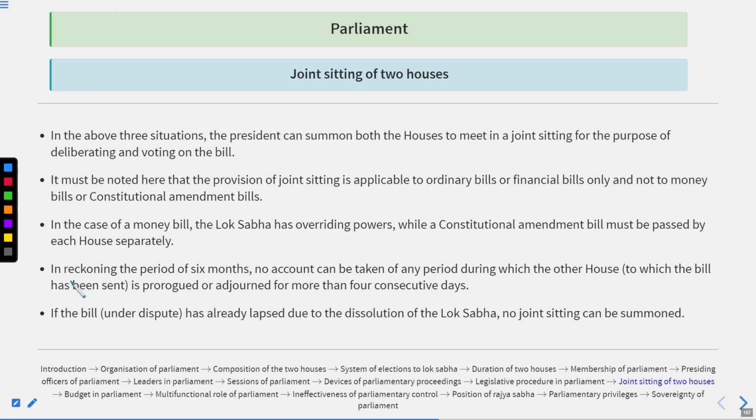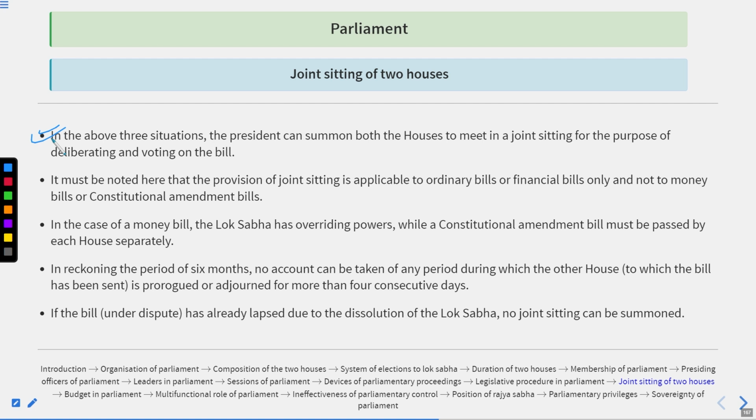In these three situations, the president can summon both the houses to meet in a joint sitting for the purpose of deliberating and voting on the bill.